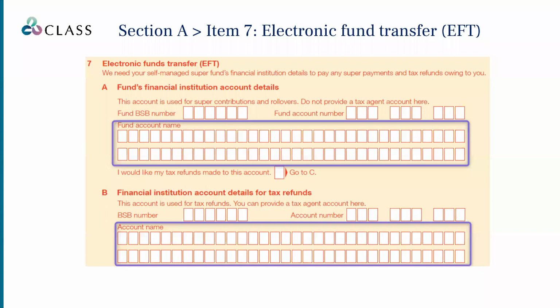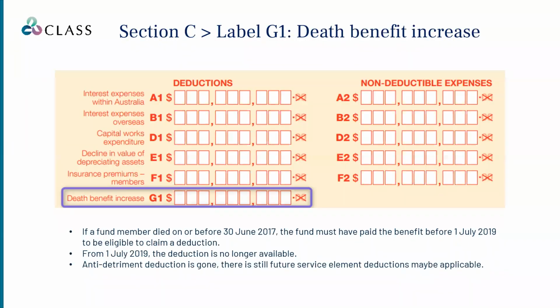Electronic fund transfer details. Again, this is a measure Class have been lobbying the ATO to change for a while. The change actually happened in the 2019 self-managed super fund annual return. For the 2019 return onwards, the bank account name has increased from 32 characters to 64. Death benefit increase: this label has been removed in the 2020 annual return.